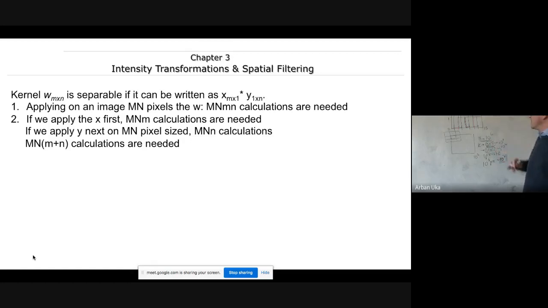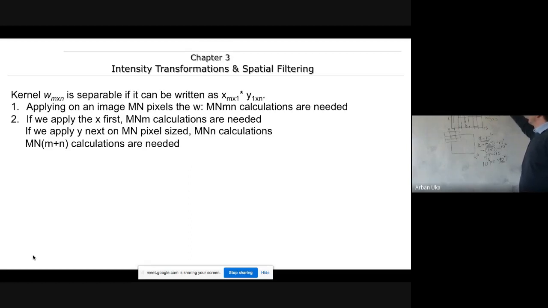With all this discussion, these kernels or filters can be separable. A kernel, which let's denote with W, if this is a 3 by 3 matrix, we can write it as a multiplication of 2 vectors. If we want to multiply 2 vectors to get a 3 by 3 matrix, what should be the dimension of the first vector? We know that whenever we multiply an m by p matrix times a p by n matrix, we get m by n.